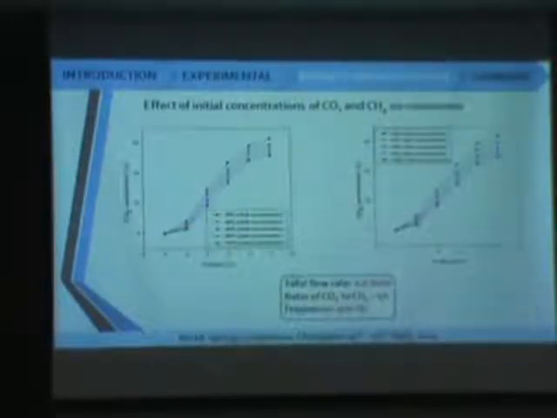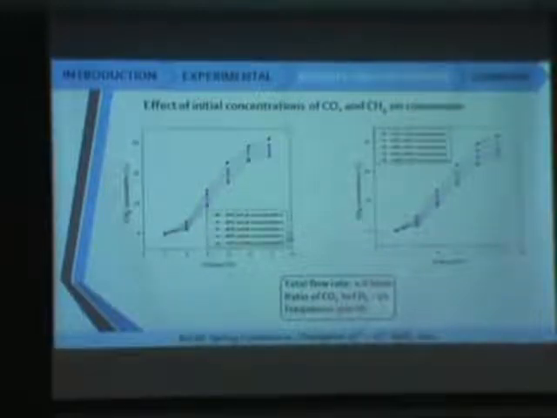In another case, we research the effects of the concentration of carbon dioxide and CH4, and here you can see that by increasing the concentration of carbon dioxide and CH4, the conversion of carbon dioxide and methane is decreased.